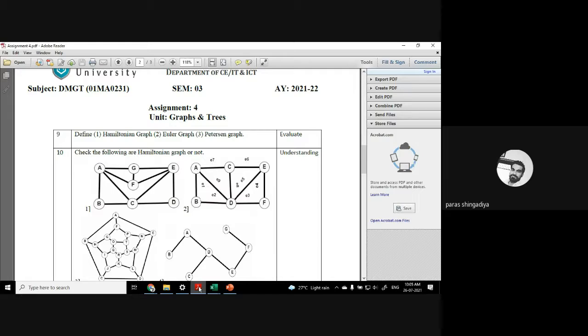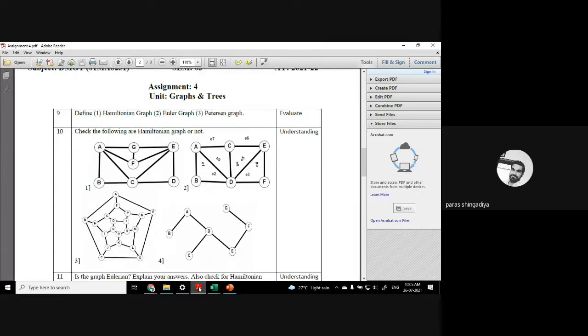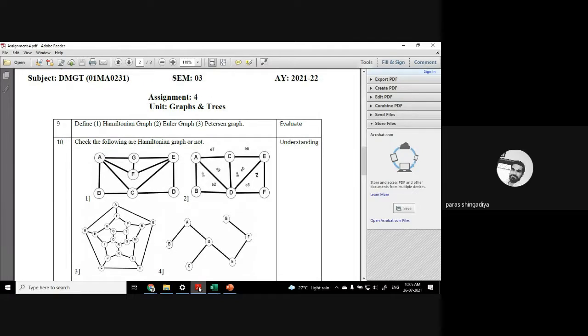And then in question number 10, four graphs are given. Here you have to verify whether it is a Hamiltonian graph or not. So first draw the graph as per the mentioned data.